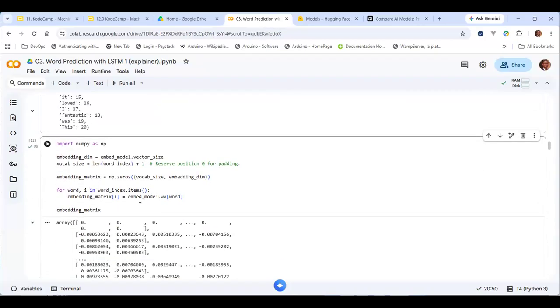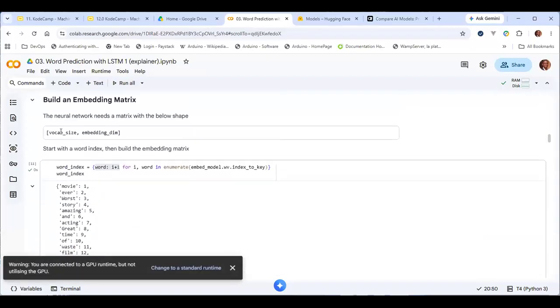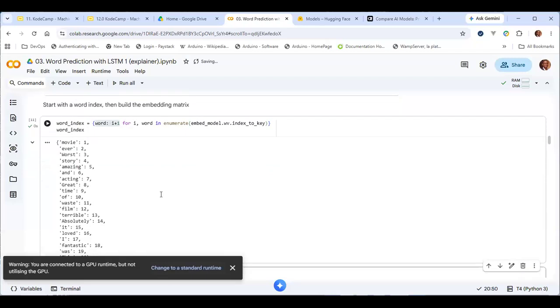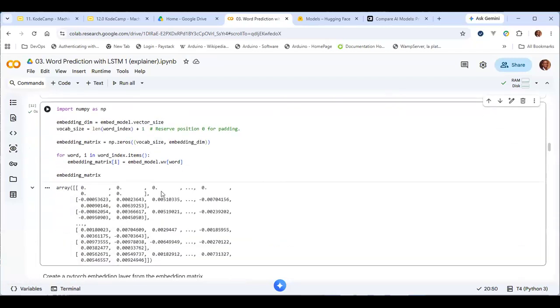Then we now will create the embedding matrix. The embedding matrix, like I say, is a matrix of word index versus the embedding dimension. We've not even gotten to using GPU yet. Basically, it is the embedding of each word in the vocabulary, and that's what we are doing here.